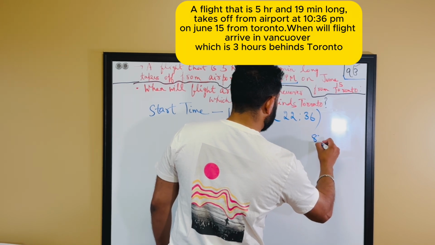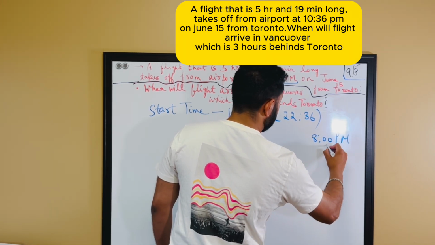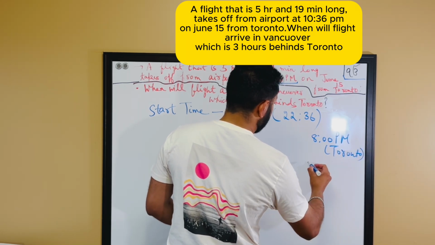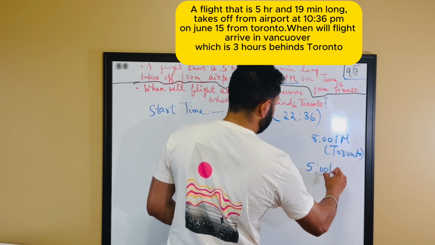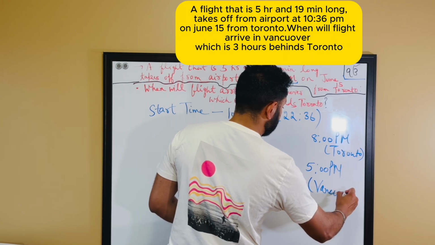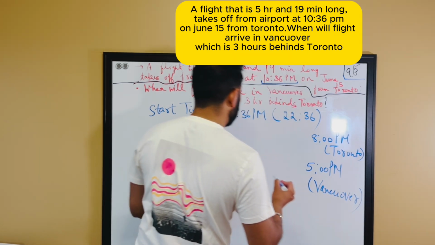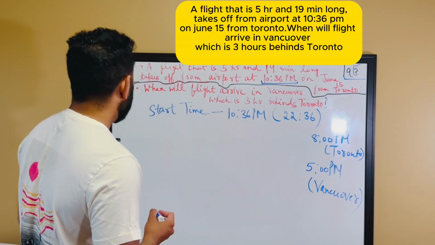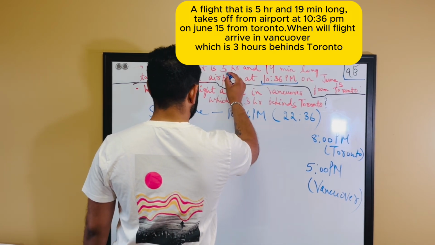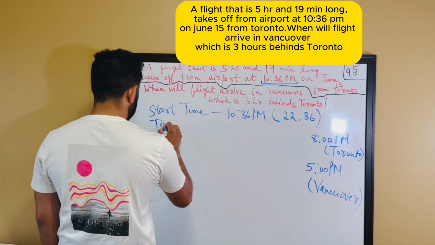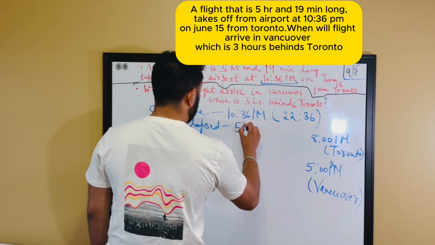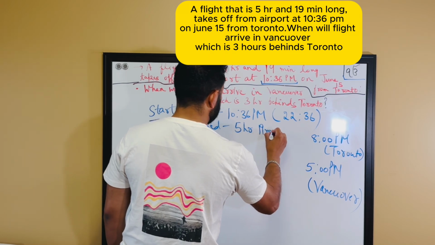If it's 8 p.m. in Toronto, the time in Vancouver will be 5 p.m. because the time zone of Vancouver is 3 hours behind Toronto. And also we are given the time elapsed, which is 5 hours and 19 minutes.